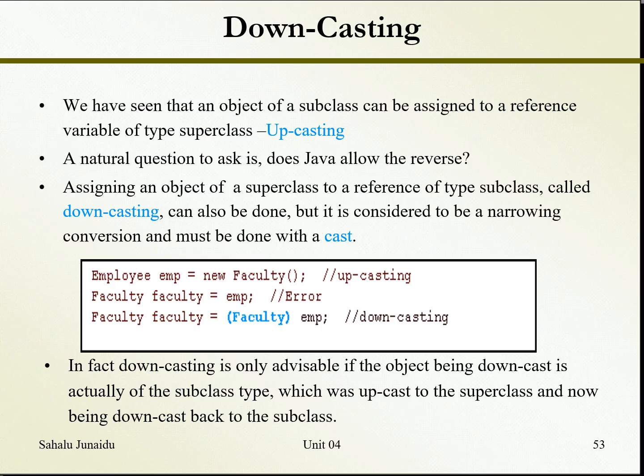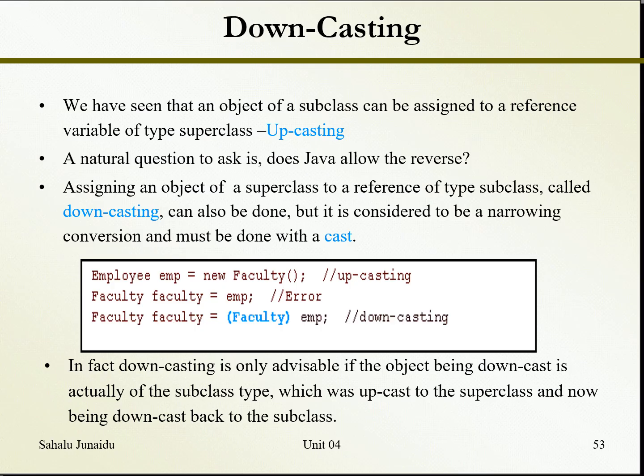And then, is it possible to come here and say this employee is of type faculty? This will lead to an error, because if we have converted an object of type subclass to an object of type superclass, to reverse, it's not possible to just take this object and assign it to a faculty.